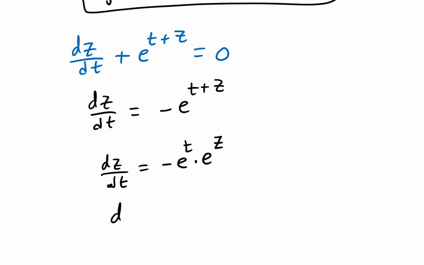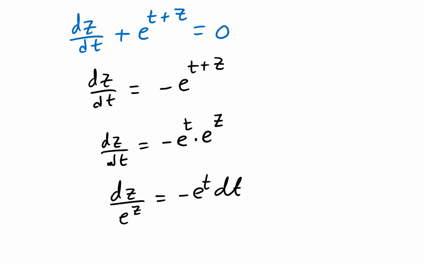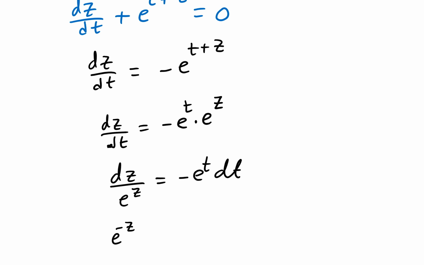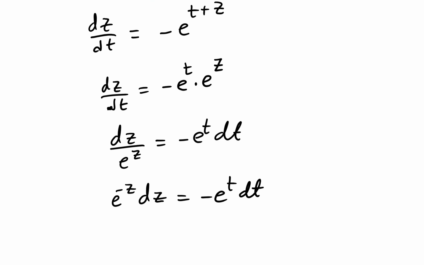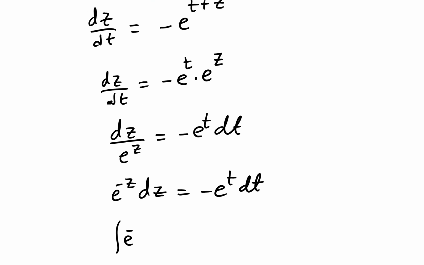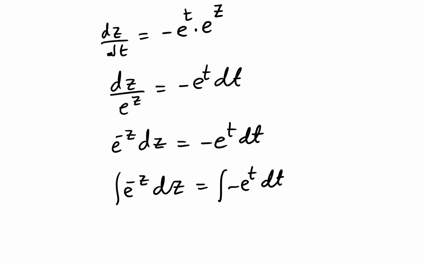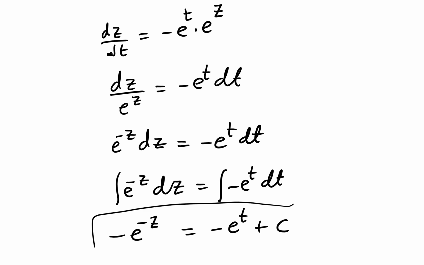Then I'm going to bring the e to the z down here and dt to the other side. So now I can rewrite e to the negative z dz equals negative e to the t dt. Integrate both sides. So the trick is to rewrite it. So it becomes negative e to the negative z equals negative e to the t plus c. You can leave it like this or multiply by negative.